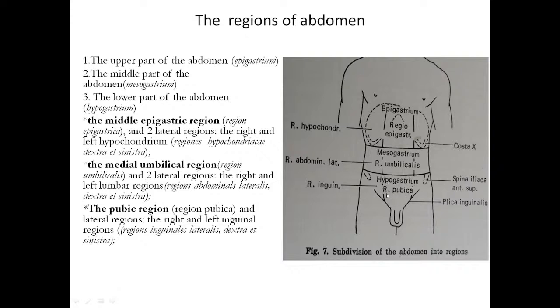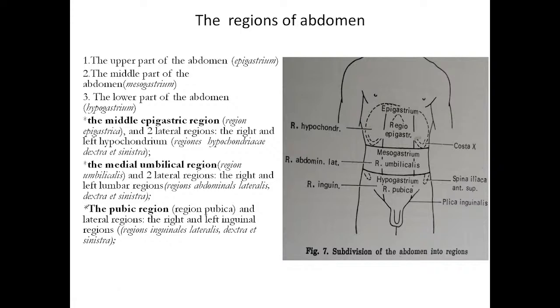This is Latin, hypogastrium. Each of the three parts of the abdomen is subdivided by two vertical lines into three secondary regions. One, two, three: three secondary regions.